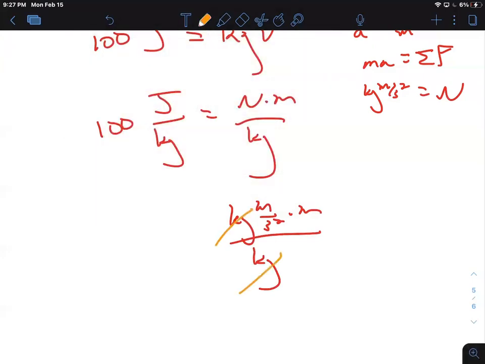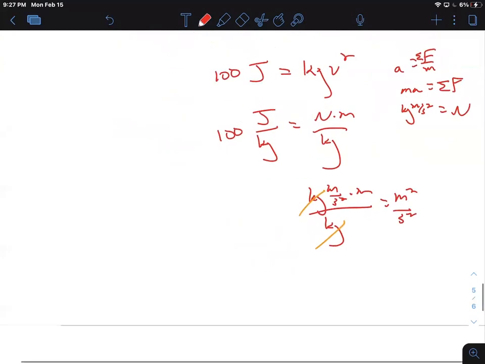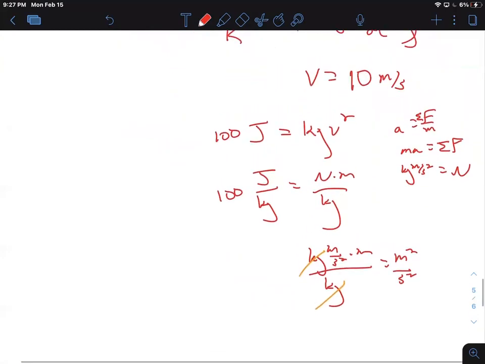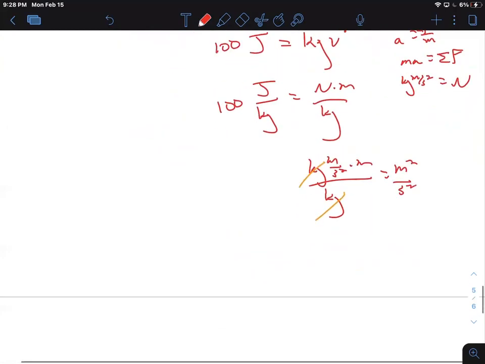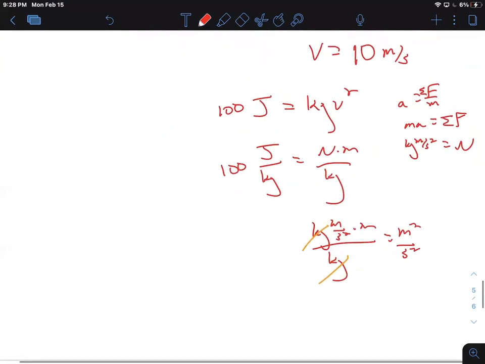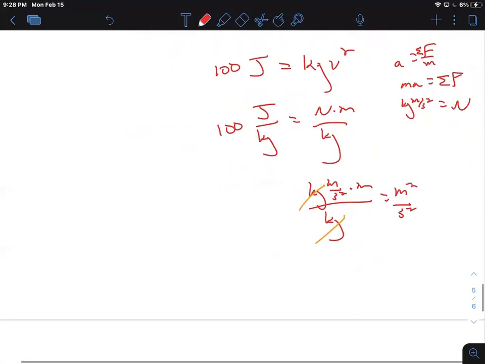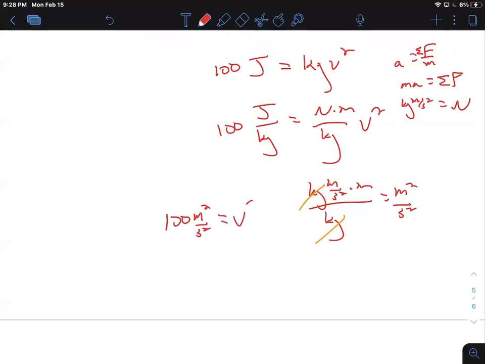Cancel the kilograms. Meters times meters is meters squared over seconds squared. So this 100 joules per kilogram becomes 100 meters squared per second squared, which equals our v squared.